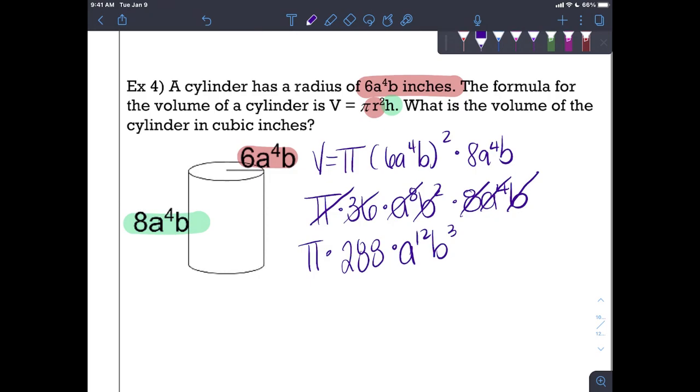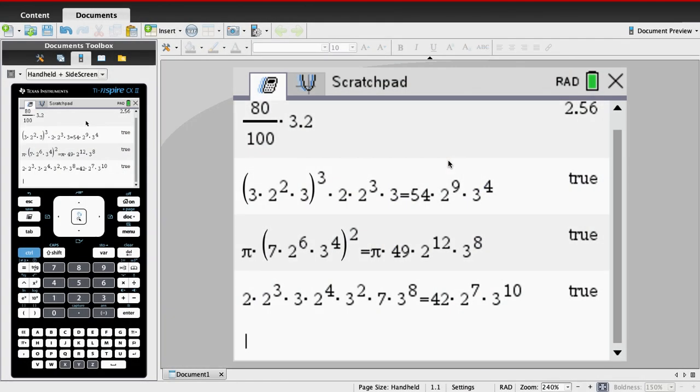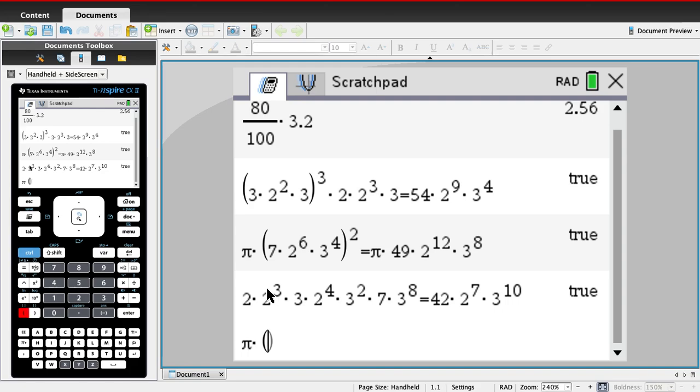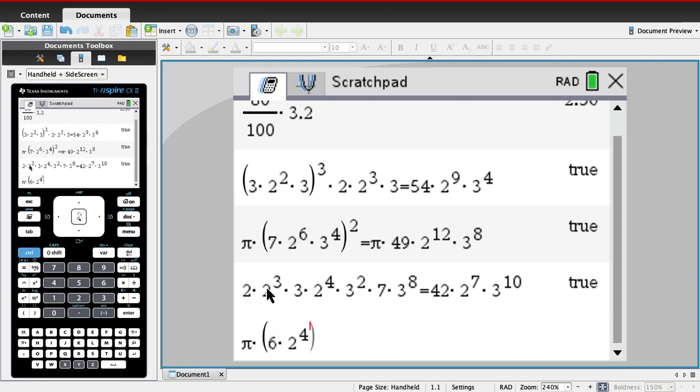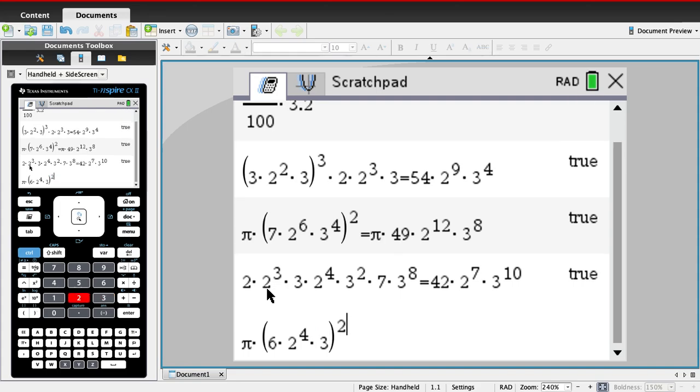Let's go ahead and verify this in my calculator. So I'm going to type in the original equation, so pi. And I'm going to say that A is 2, B is 3, times parentheses 6 times 2 to the power of 4 is 3, close parentheses, squared, times 8 is 2 to the power of 4 times 3.